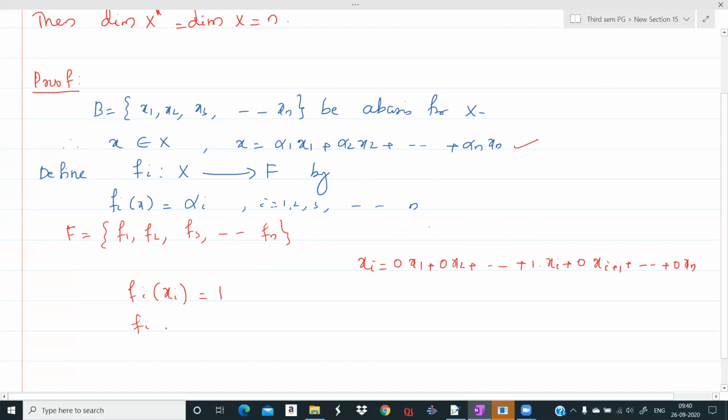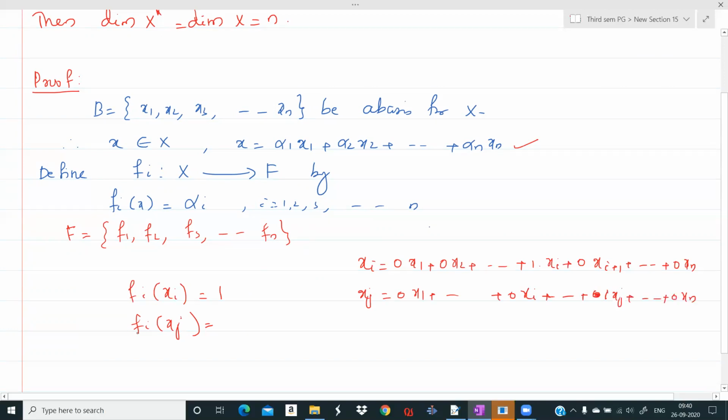And for fi of xj, xj can be written as 0x1 plus etc. plus 0xi plus etc. plus 1xj plus etc. plus 0xn.